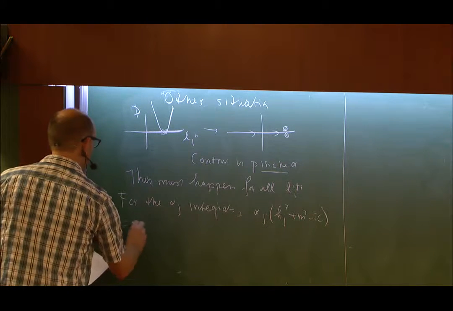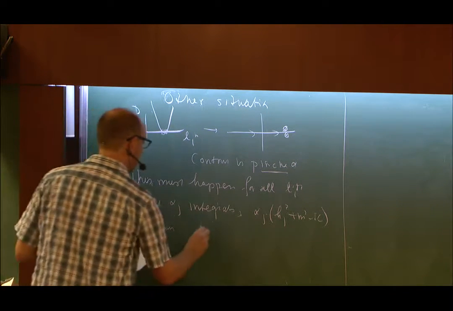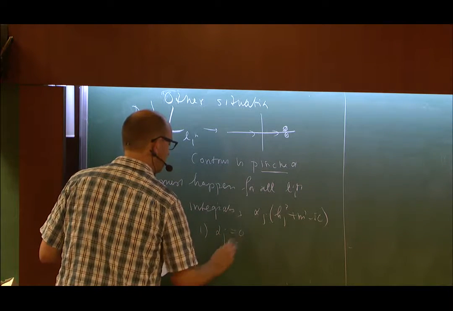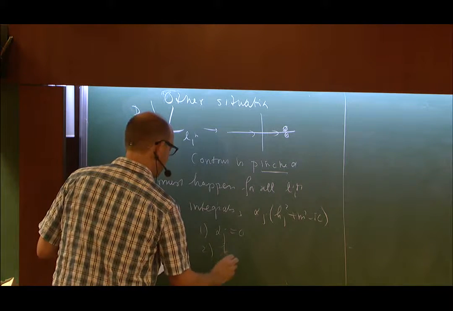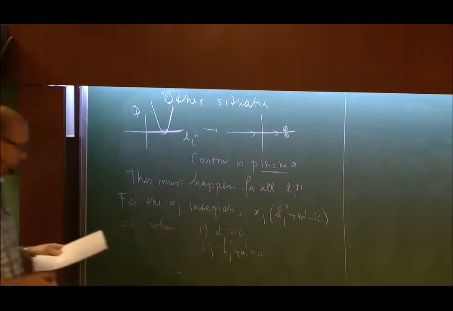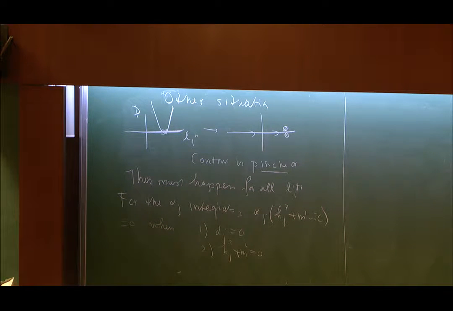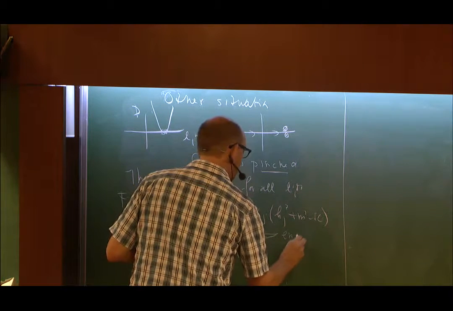This is equal to 0 when either alpha j is 0, right, then the whole term is 0, or if kj squared plus m squared is 0, so when that bit of line is on shell. Those are the two options. And this is known as an endpoint singularity.